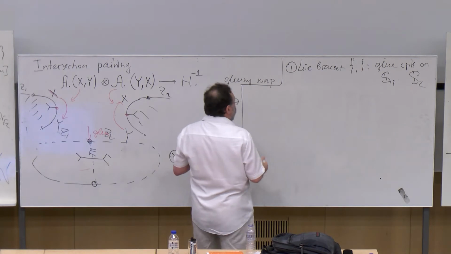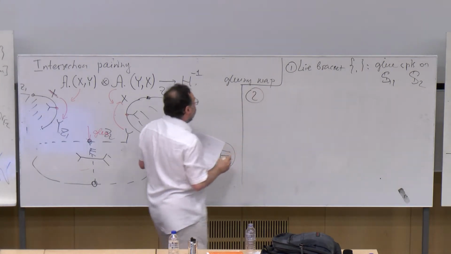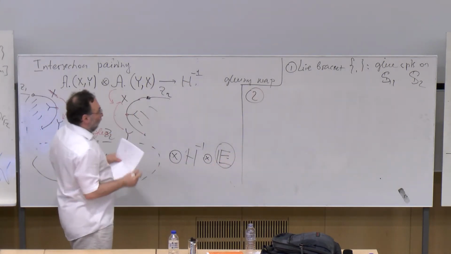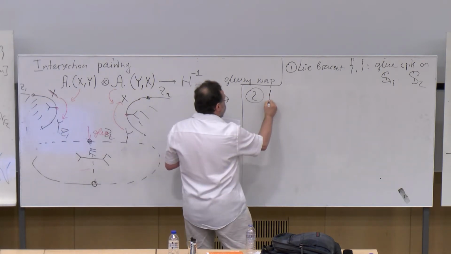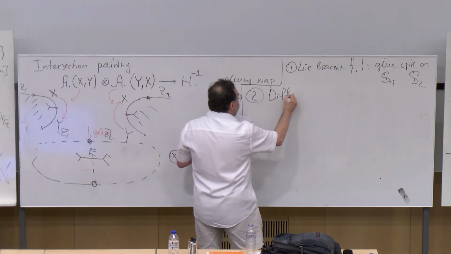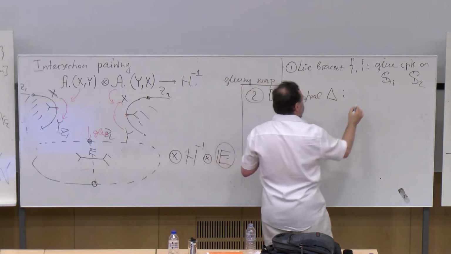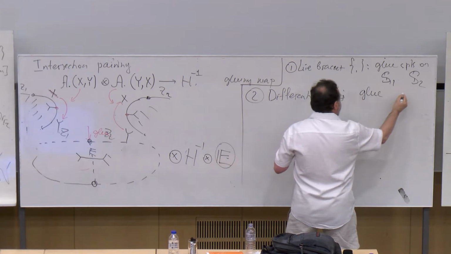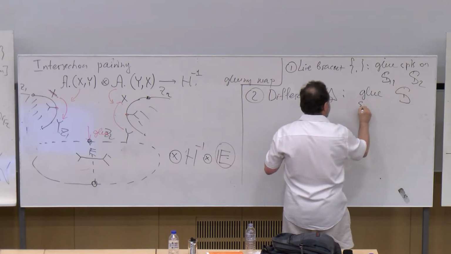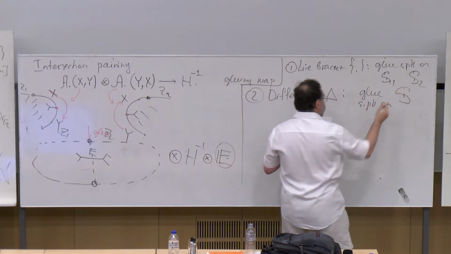But you can also consider just a single decorated surface, and still you can glue points. So this gives you another guy, which is a differential. So differential delta is what you do: you glue special points on S.